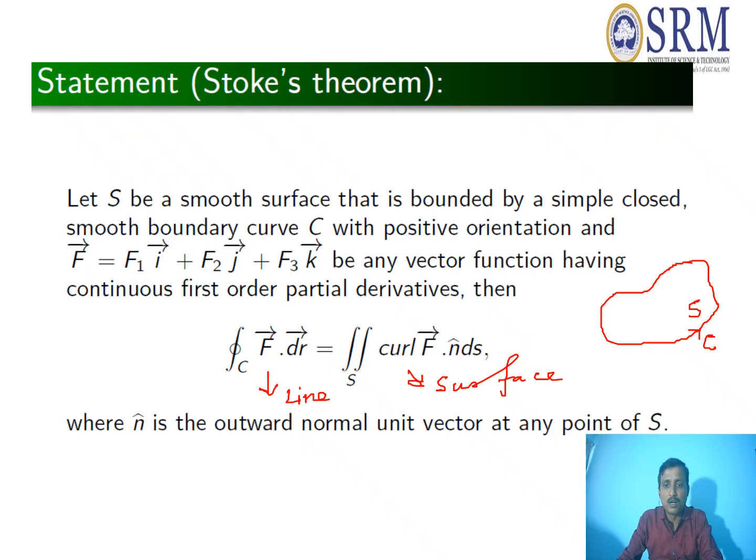N is the outward normal unit vector. Suppose this is at any point on the surface S, then it is saying line integration will be equal to the surface integration in terms of the curl of it. So here this is the statement. By using these statements we are going to solve few problems.